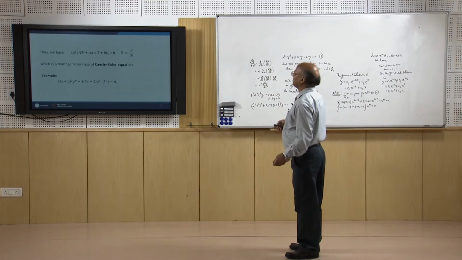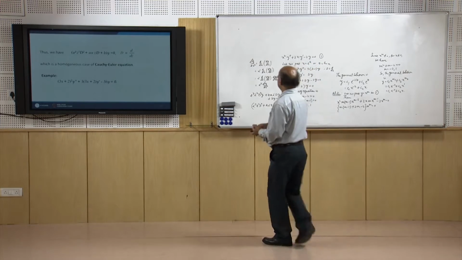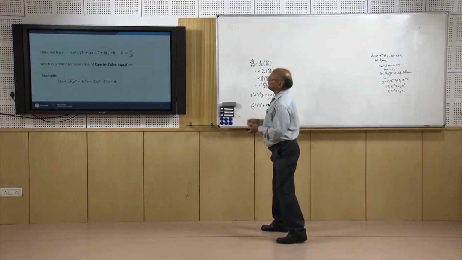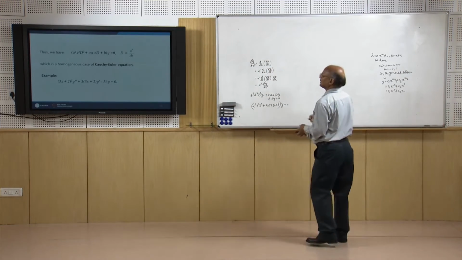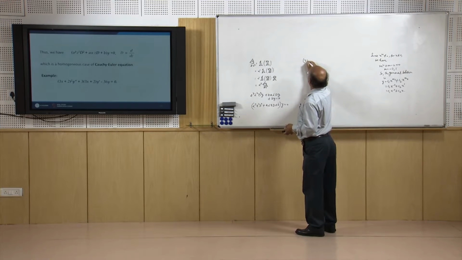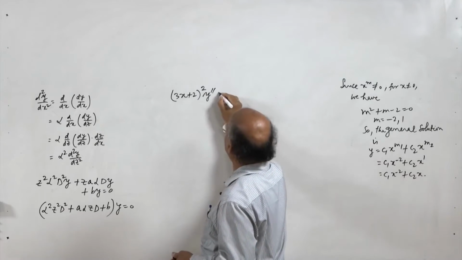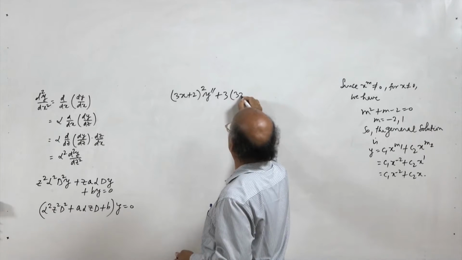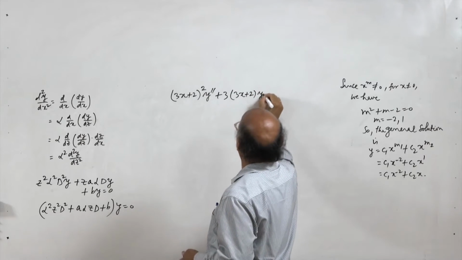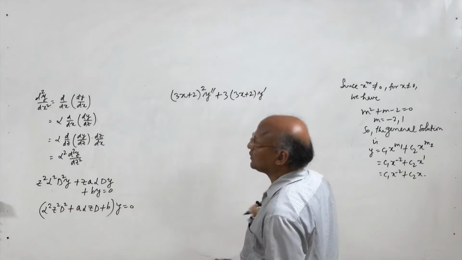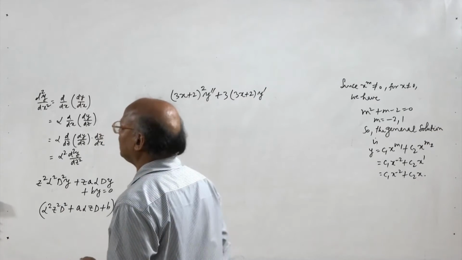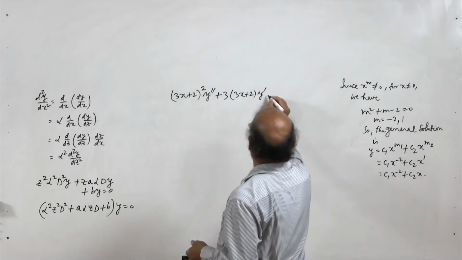Now, let us look at an example differential equation. We have (3x plus 2) whole square y double dash, and then we have 3 times (3x plus 2) y dash, minus 36y equal to 0.